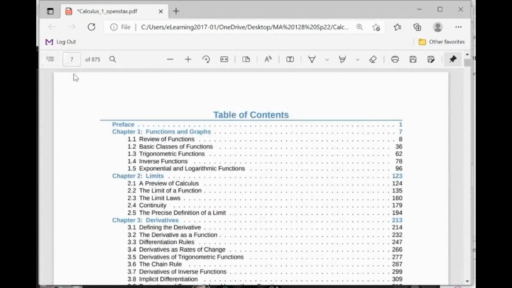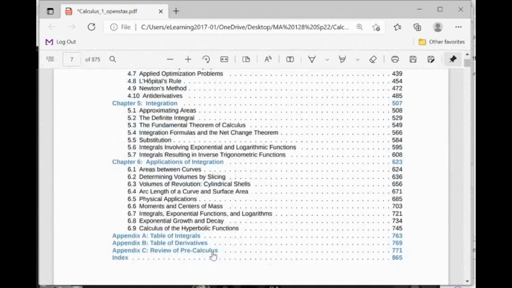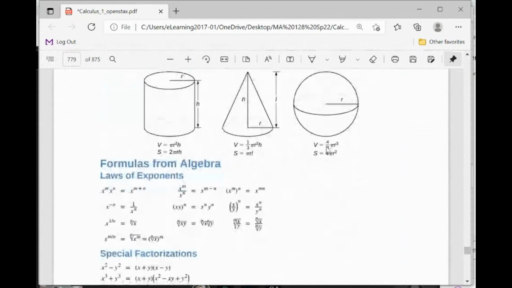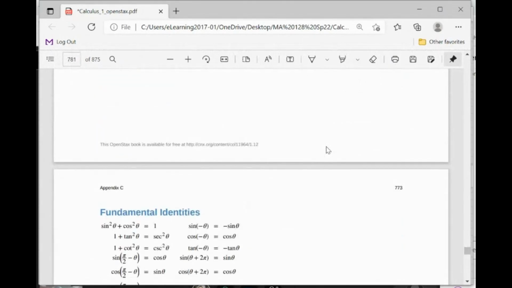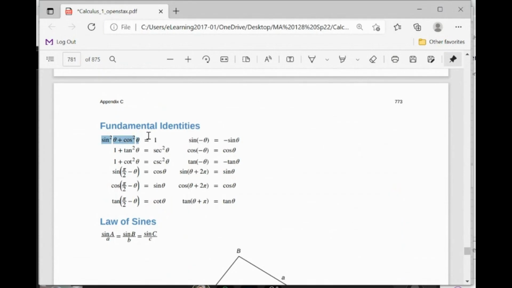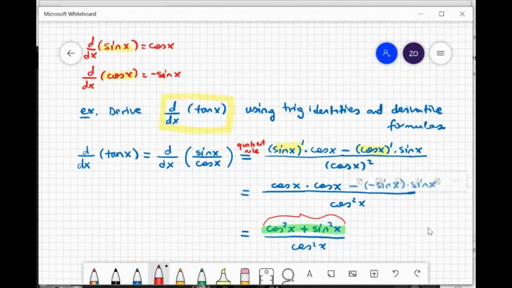When you check the review of pre-calculus, you should be finding the identities for trig functions, and the fundamental identities. The first one is that the sum of squares of sine and cosine equals 1. So this cosine squared plus sine squared equals 1. So we get 1 over cosine square x.